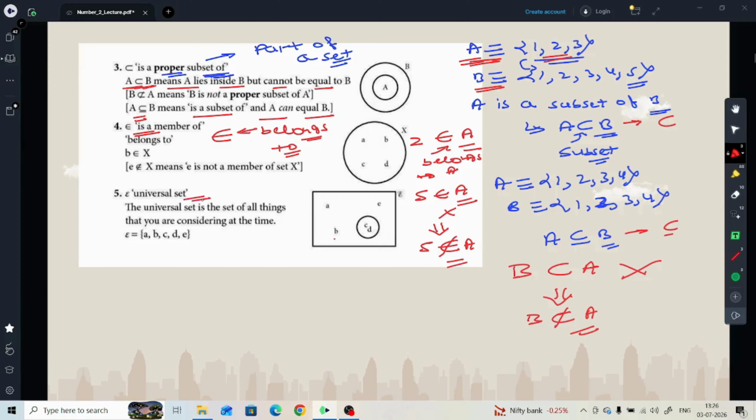Now the next thing is known as the universal set. Now what does the universal set mean? It is the set of all the things that you are considering at a particular time.